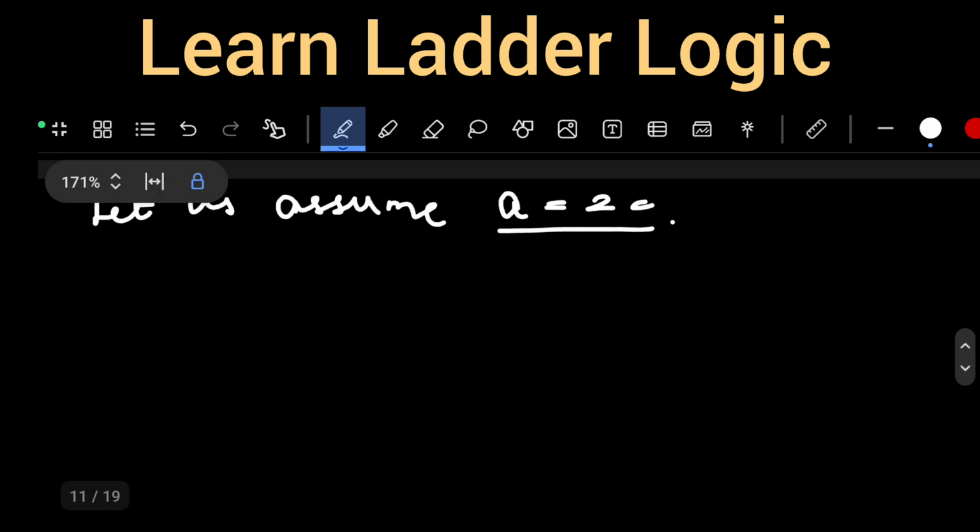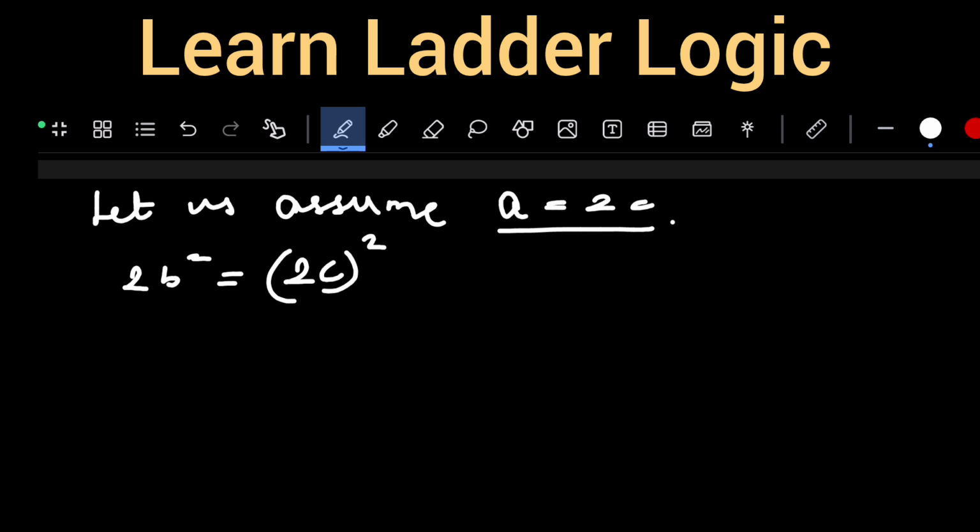Substituting it, 2b square is equal to 2c to the whole square, where 2b square is equal to 4c square, and 2 is common in both the sides.